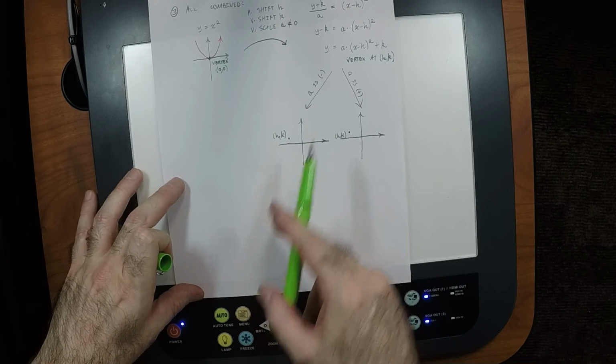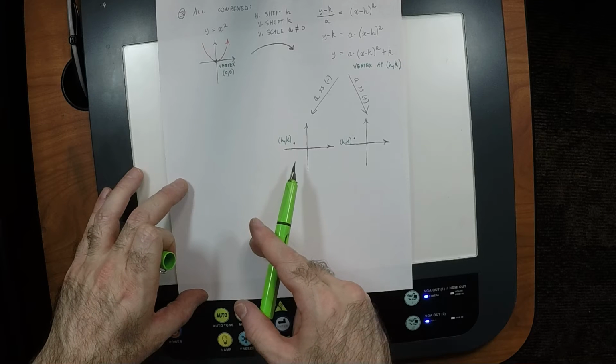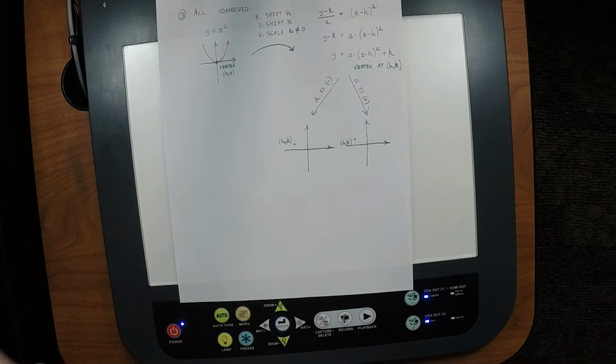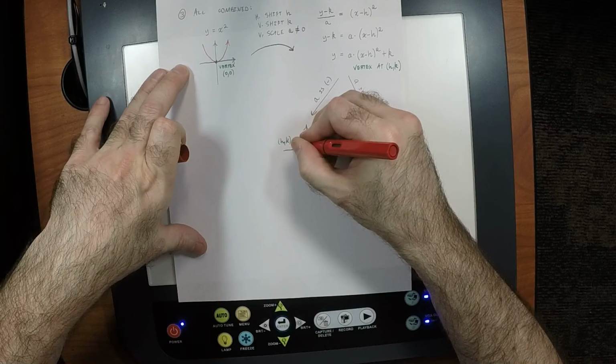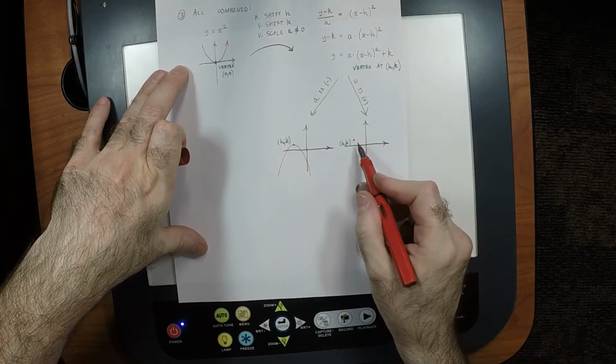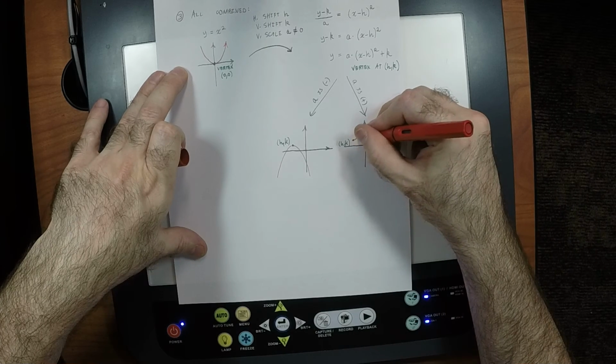But if A is negative, what's going to be true about this parabola? It's going to open down. And if A is positive, what about this one? It's going to open up.